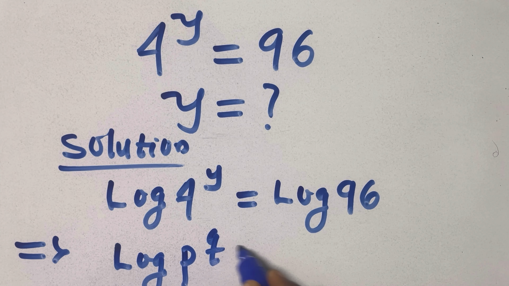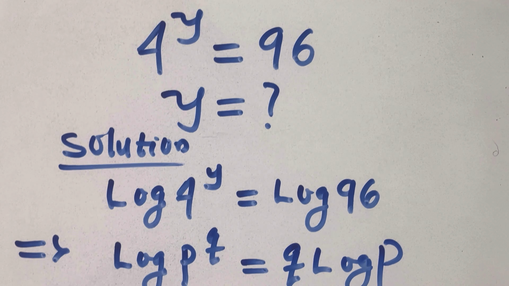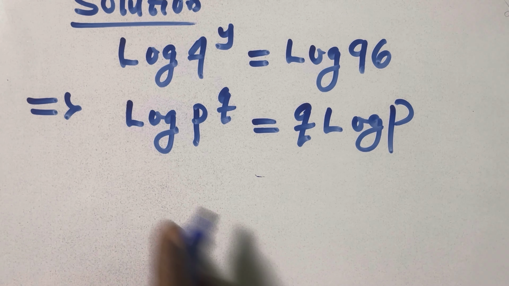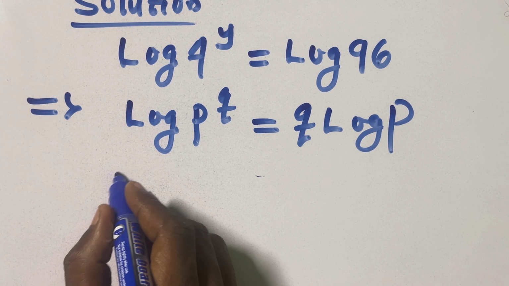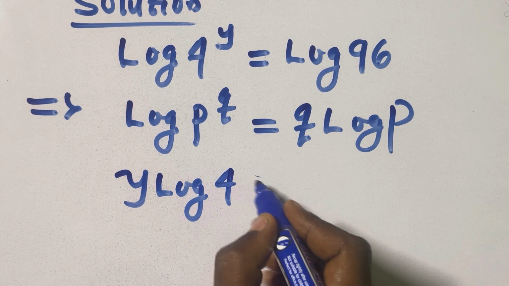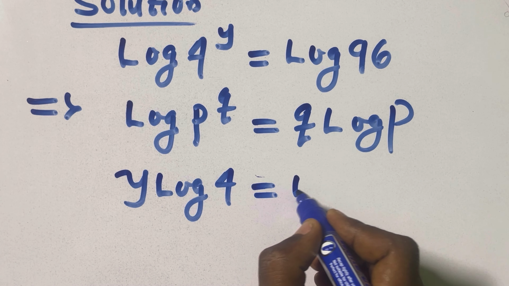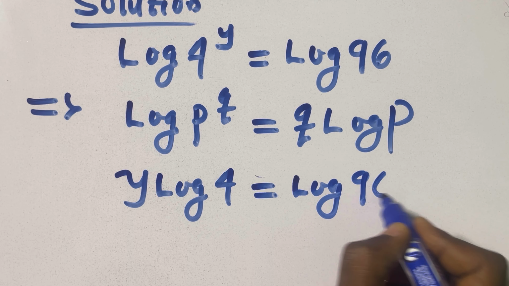Here you have to recall that from the property of logarithm, if you have log p raised to power q, this q will come forward, we have q log p. Applying this to the above, y will come forward, we have y log 4 equals log 96.